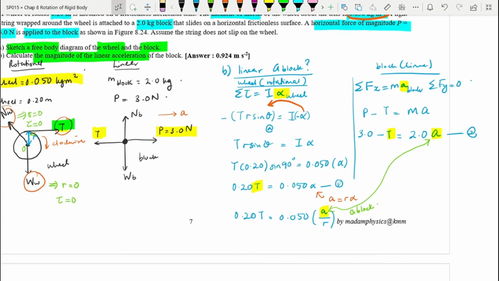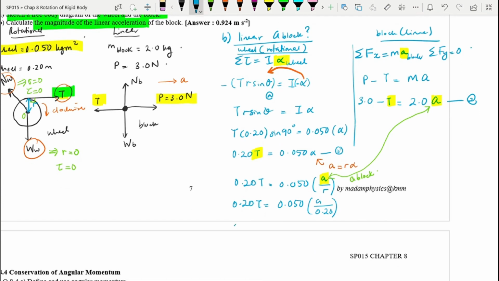Okay, so kita boleh masukkan nilai radius juga of the wheel dalam equation ni. A over 0.20 for radius of the wheel. So end up kita akan dapat 0.2T equals 0.25A. So another equation yang kita akan relate dengan equation 2 tadi daripada block.